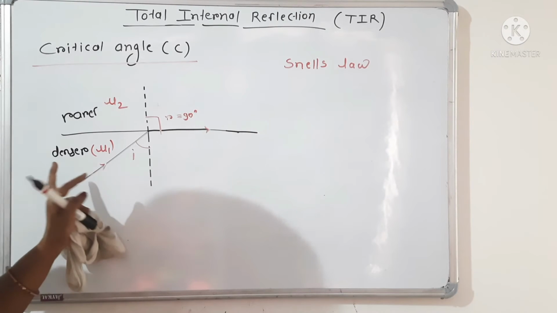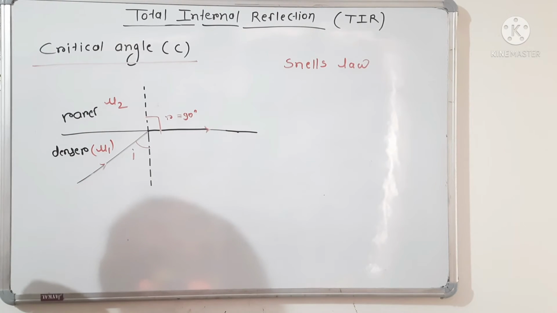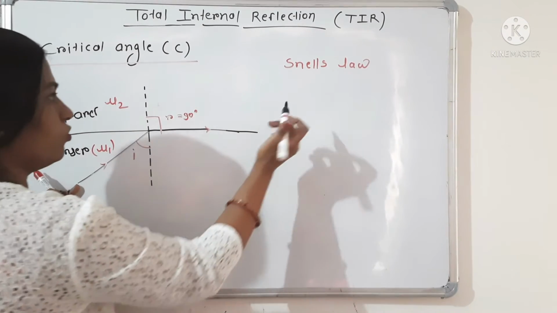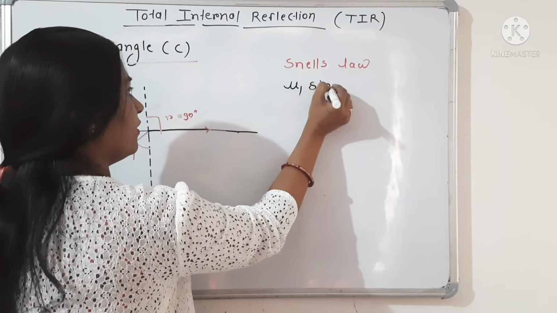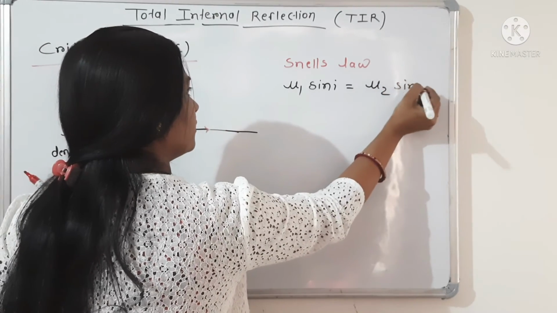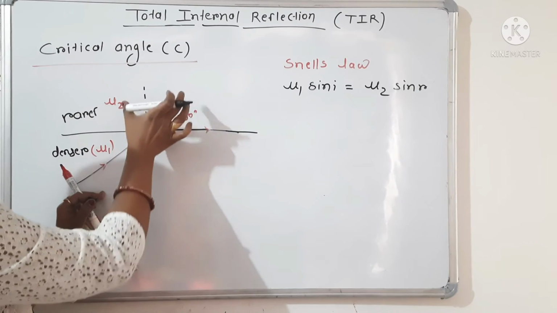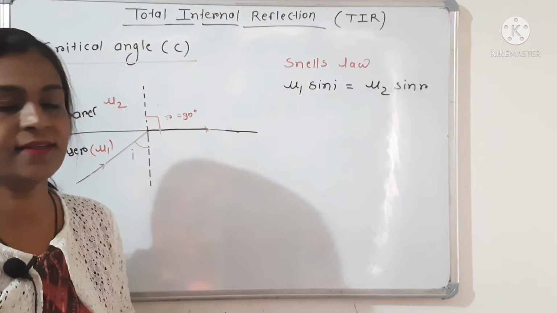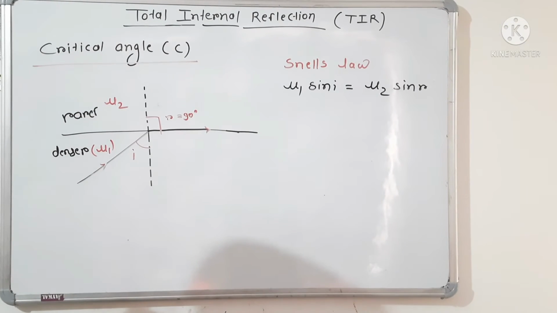What happens for Snell's law? This is our first case. So mu1 sin I is equal to mu2 sin R. This is incident and this is refracted, first and second. This is our Snell's law. हमने स्टडी किया है स्नेल्स लॉ, हमने यहाँ पे सिर्फ स्नेल्स लॉ को अप्लाई किया है. हमने दो मीडियम लिए, mu1 एंड mu2.